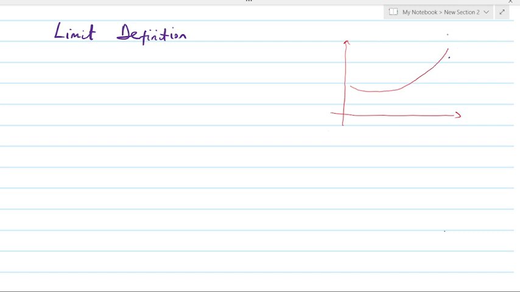Again, let me see, y equals f of x. To get the slope of this function, we have to have a straight line.